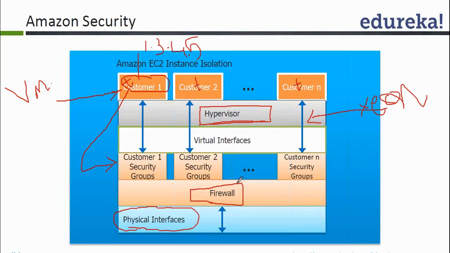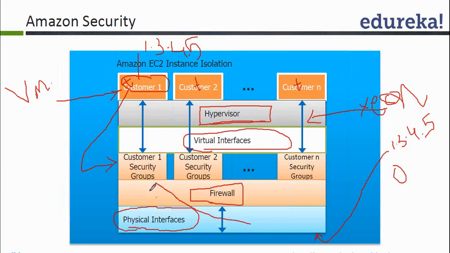Now if somebody from outside requests 1.3.4.5, my domain name service and everybody would understand that they are making a call to Amazon. So the request would come to the virtual interfaces or the Amazon physical interface. It would first pass through the Amazon firewall. Using the virtual interface, it would know that this request is for customer 1.